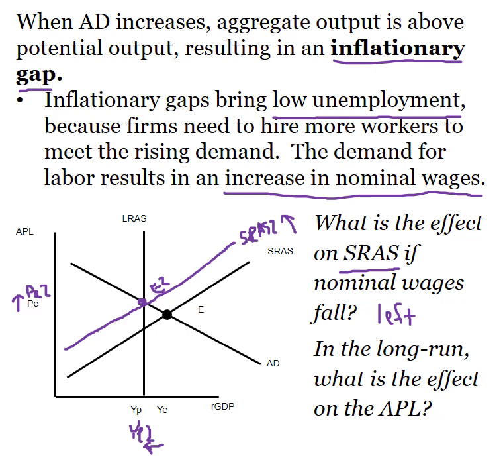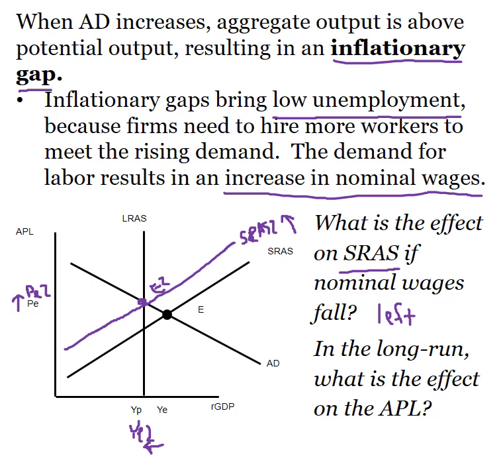Unemployment naturally falls, which leads to a natural increase in nominal wages, which naturally affects short-run supply. No one intervened. So the point of both this slide and the one before is to see, okay, we're in a gap. We know that the goal is that the economy is always trying to return to the long run. This is showing how it happens without intervention.